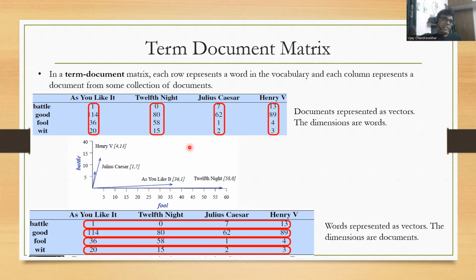So what matters is not the distance, but the direction. So what measures the similarity between two vectors is the direction of the two vectors.